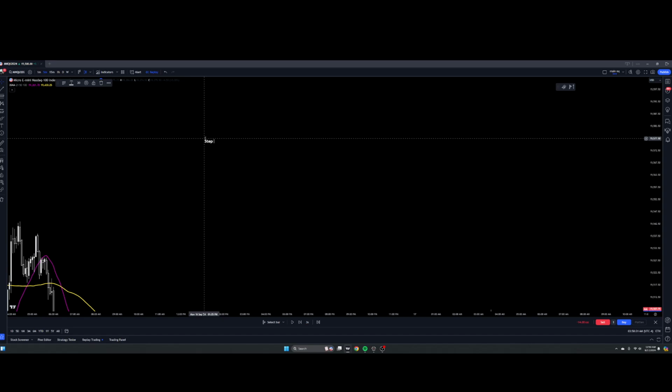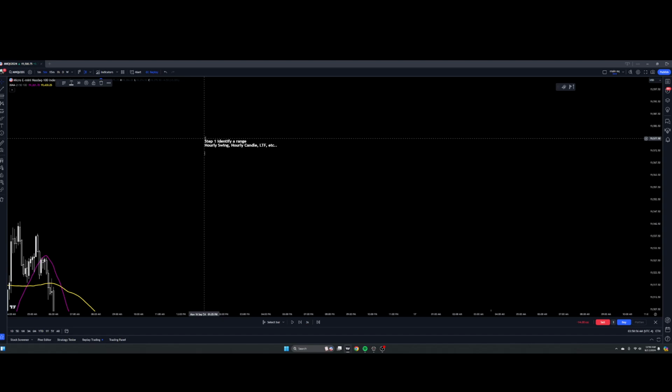Step 1: identify a range, okay? Whether it's in an hourly swing, hourly candle, lower time frame, etc. So anything that can be identified as a range.